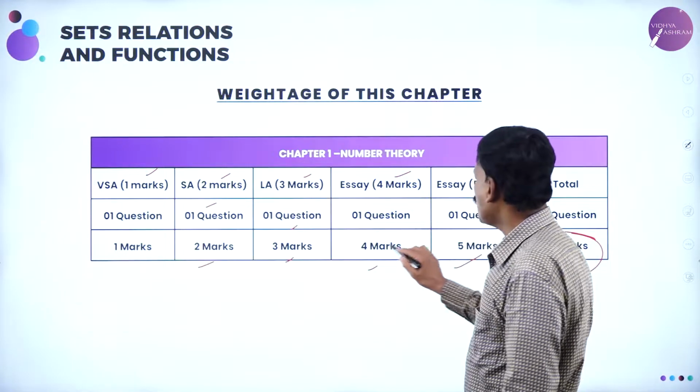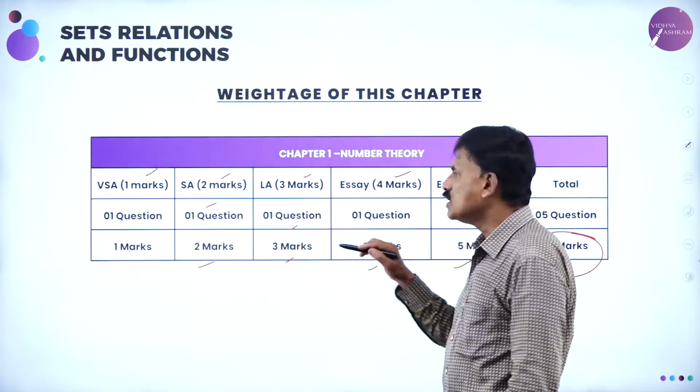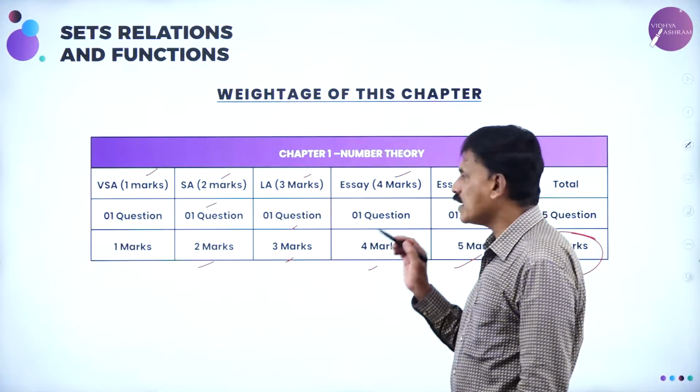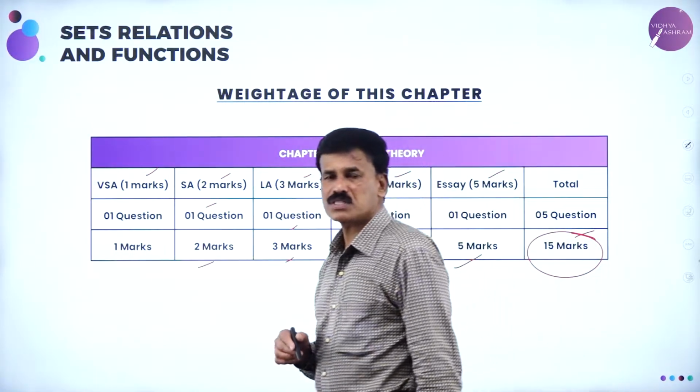So totally 5 plus 4, 9, 9 plus 1, 10 plus 5, 15 marks you will get from this. In all parts, part A, B, C, D, E, you will have 1 question. So totally this carries 15 marks.